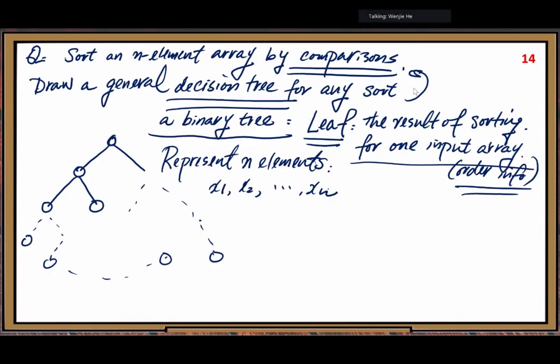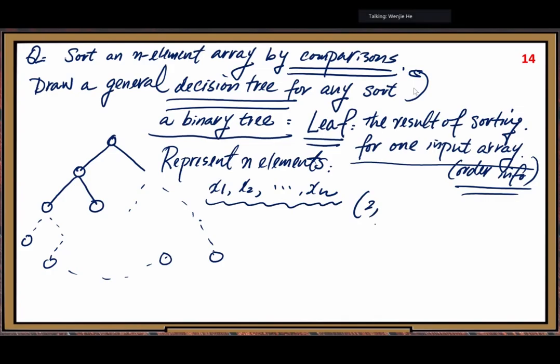Then, for the sorting result, we just arrange these n elements in a special way. If the smallest element is the second element, can we use its subscript? Is that good enough?